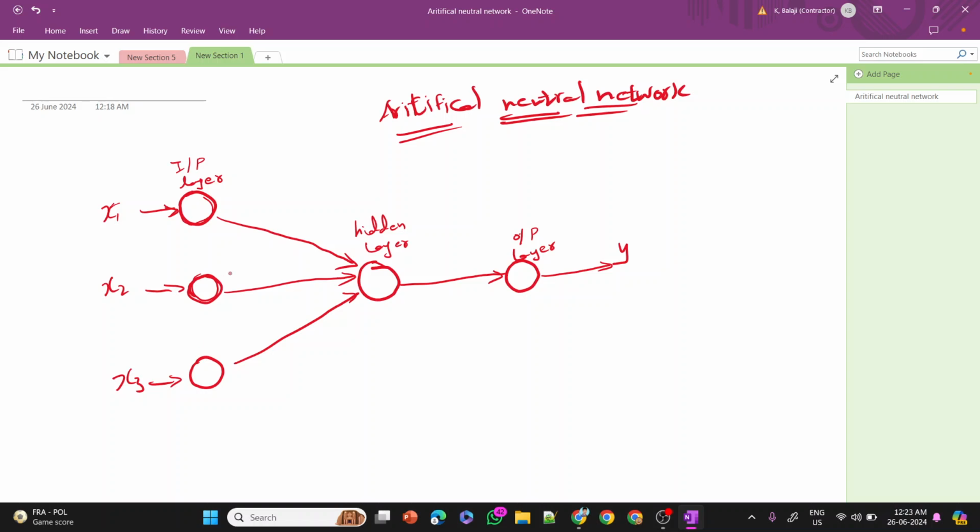This neuron is like a human brain. Let's take it that this overall artificial neural network works on the base concept of our human brain. In our human brain, so many neurons are there. In each neuron, the information will be stored.